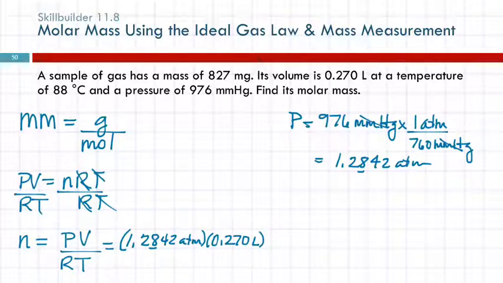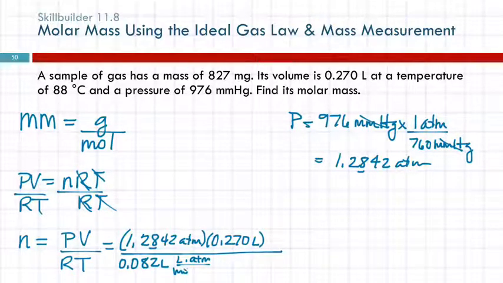And then I'm dividing by the ideal gas constant, 0.0821 liters atmospheres per mole Kelvin. And then I need the temperature in there also, 88 degrees Celsius. Is that going to work?